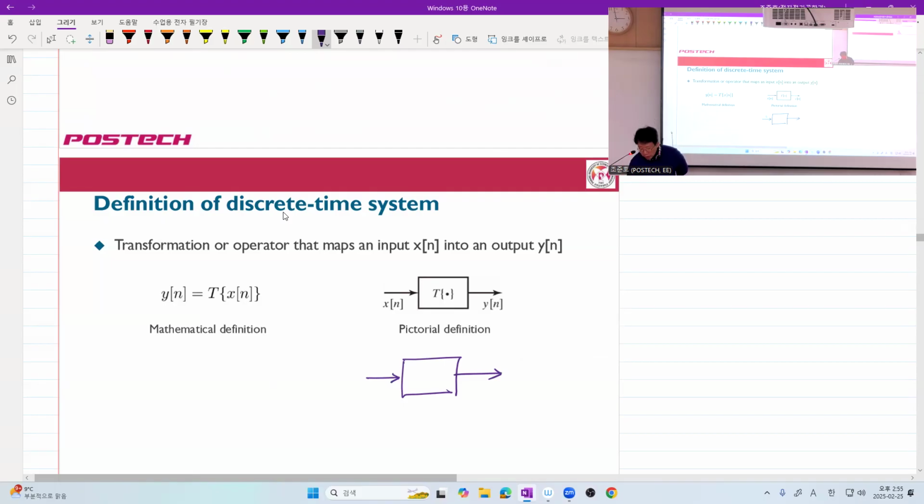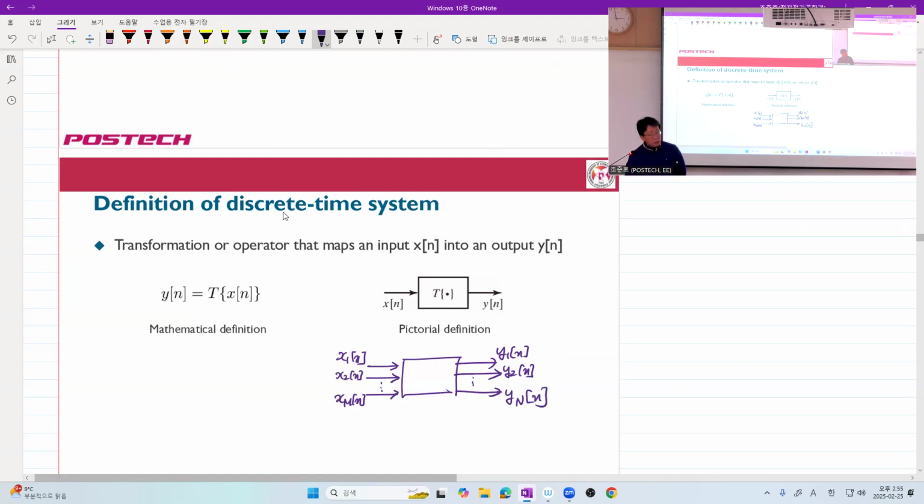However, in graduate courses, you may have multiple inputs and multiple outputs. And each one is, in this case, a discrete time signal. So x1 of n, x2 of n, xm of n, y1 of n, y2 of n, yn of n.